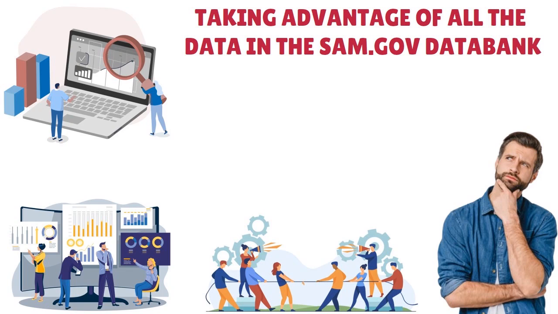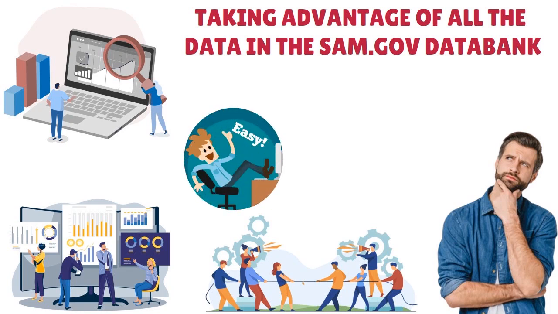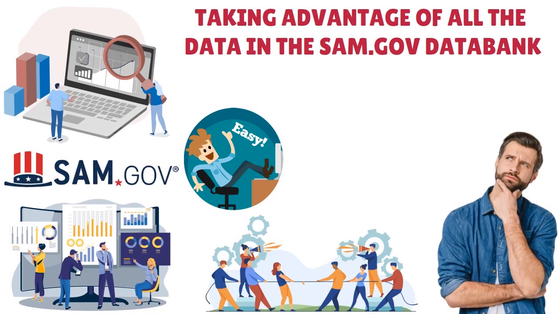So accessing the available data is kind of easy. If you click on the data bank tab in the upper left corner of the SAM.gov homepage, it will take you to the portal to select the desired report type. So the different roles assigned to you through SAM determine which reports are available for you to run.